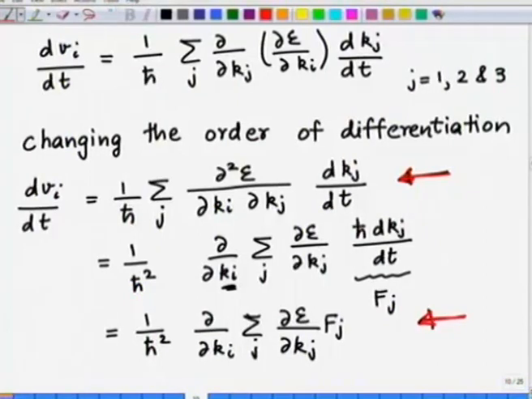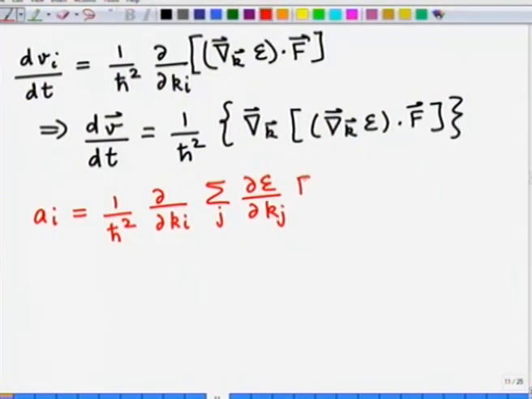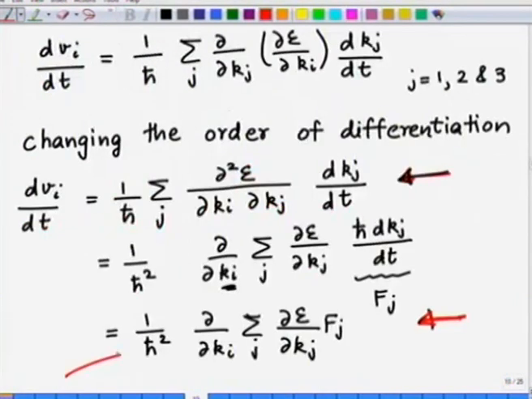Notice that I can write the i component of acceleration as equal to 1 over h square del by del k_i times summation over j of del E by del k_j f_j. I am basically reproducing this equation right here.